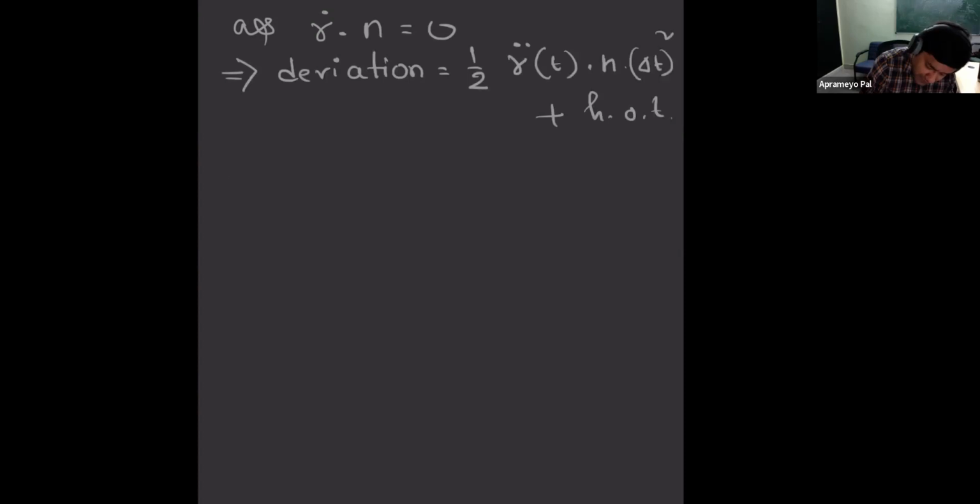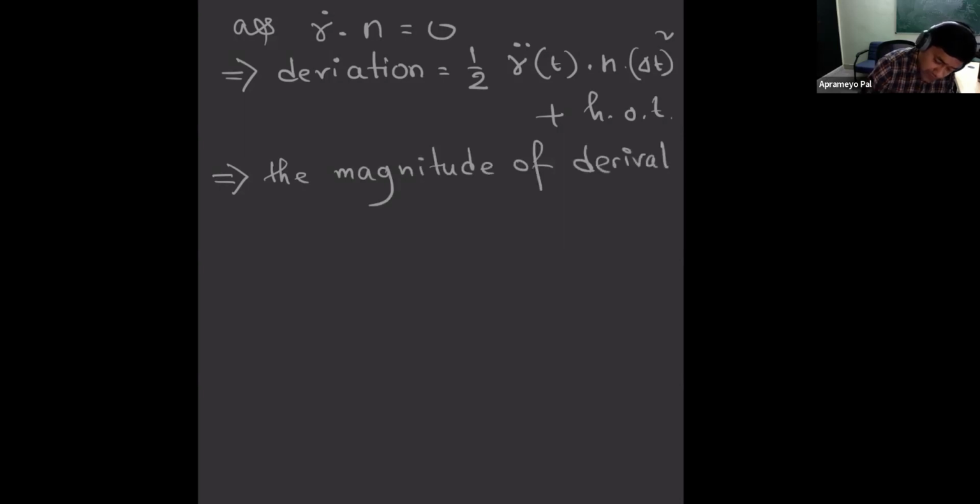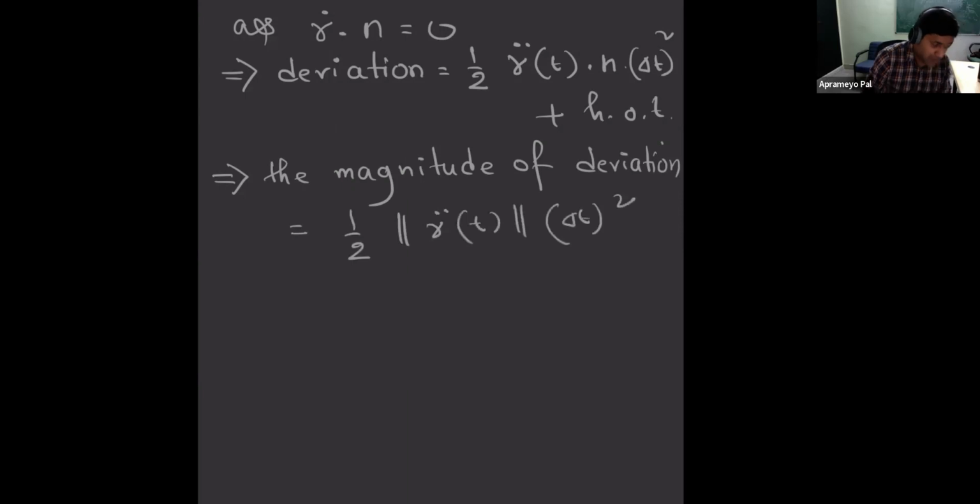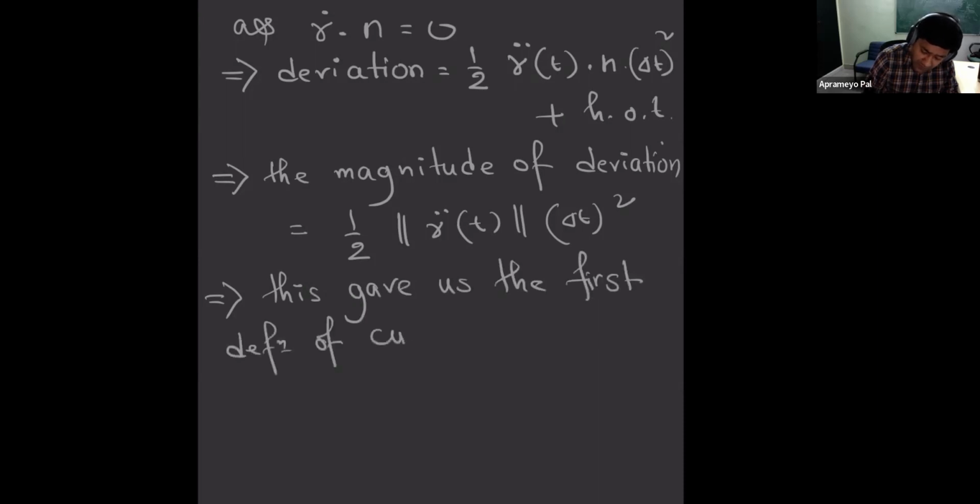And this was the motivation behind this. This gives the magnitude of the deviation, which is half the norm of gamma''(t) times delta t squared, and this gives us the first definition of curvature.